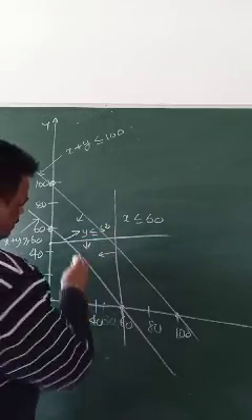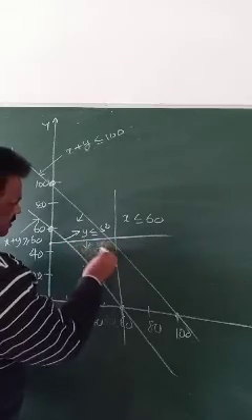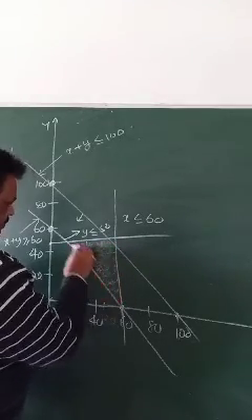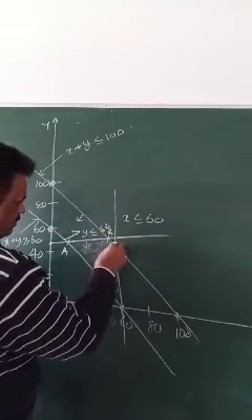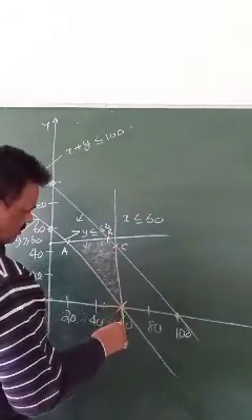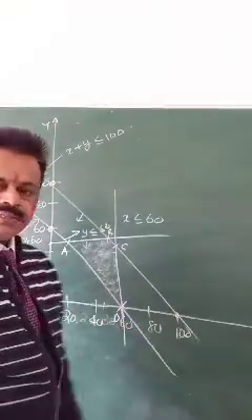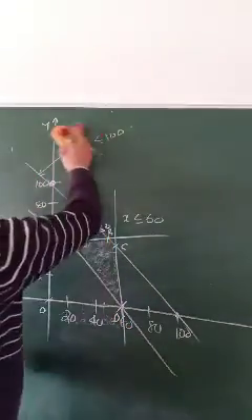So what is the area you got? This is the region you got. A, B, C, D. Corner points. What are the corner points you got here?